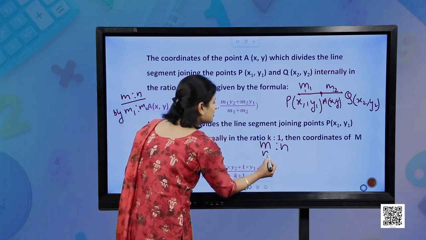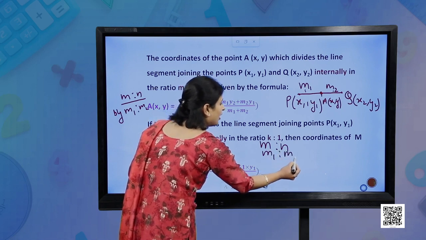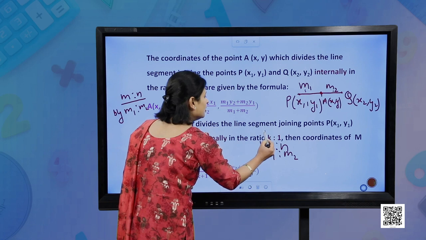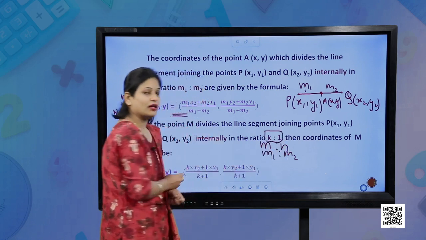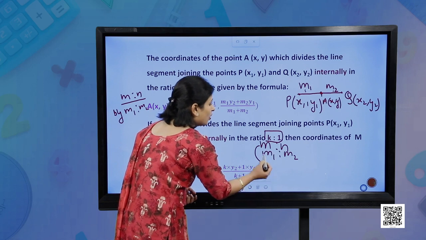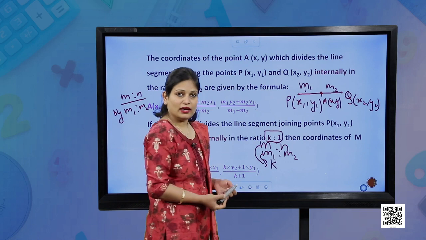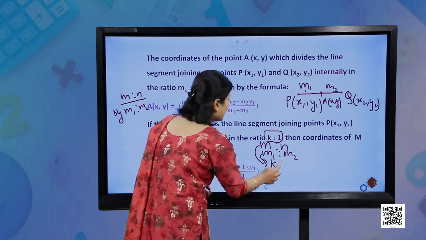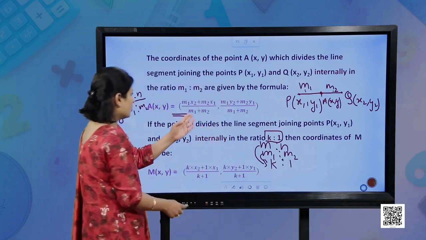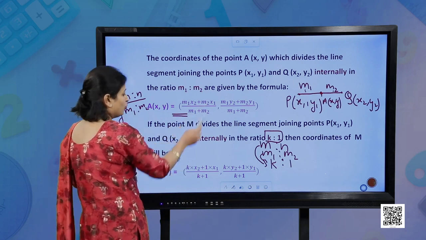Then, we replaced m by m1 and n by m2. Now, it becomes k:1. So, instead of m or m1, you will write k, and instead of n or m2, you will write 1. So, just replace m1 by k and m2 by 1.